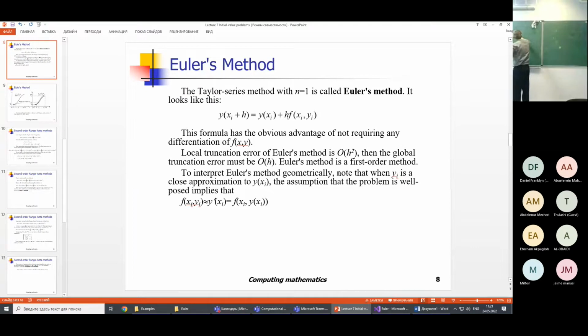Well, and our goal now is to find the value of y1. y1 we can find using this formula. y1 equals y0 plus h times f of x0, y0. y0 we know. What is f of x, y in our case?